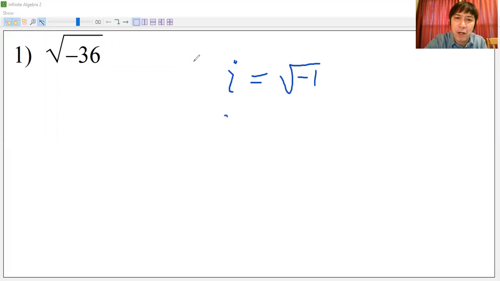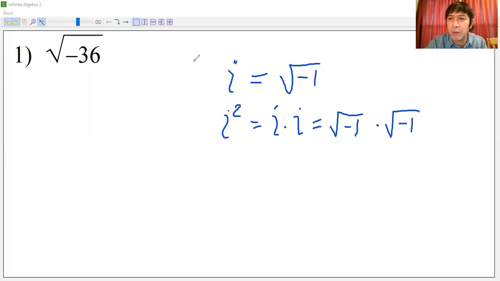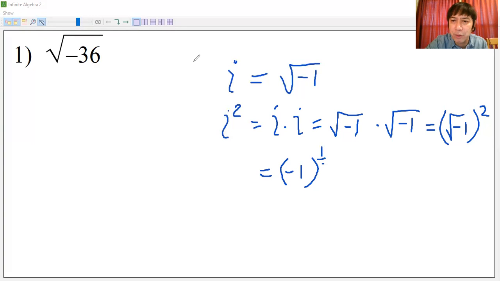So if you consider i squared, that means i times another i, which is equivalent to the square root of -1 times the square root of -1, which is equal to the square root of -1, squared. Therefore, the square root and the squared cancel each other because this is supposed to be equal to -1. The square root symbol means raised to 1/2.